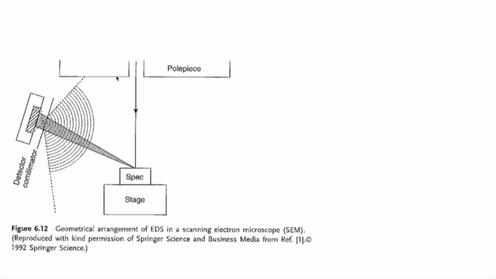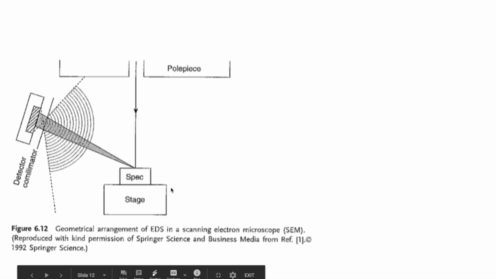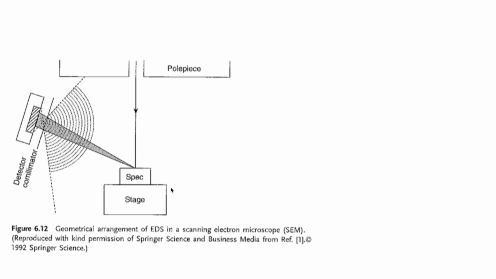So this diagram in your book shows the geometric arrangement of EDS in an SEM. This has become pretty commonplace for modern SEMs to have EDS because it gives elemental analysis. And so this is kind of a typical arrangement. The pole piece, which is part of the imaging arrangement in the SEM, so basically part of the lenses and so forth.